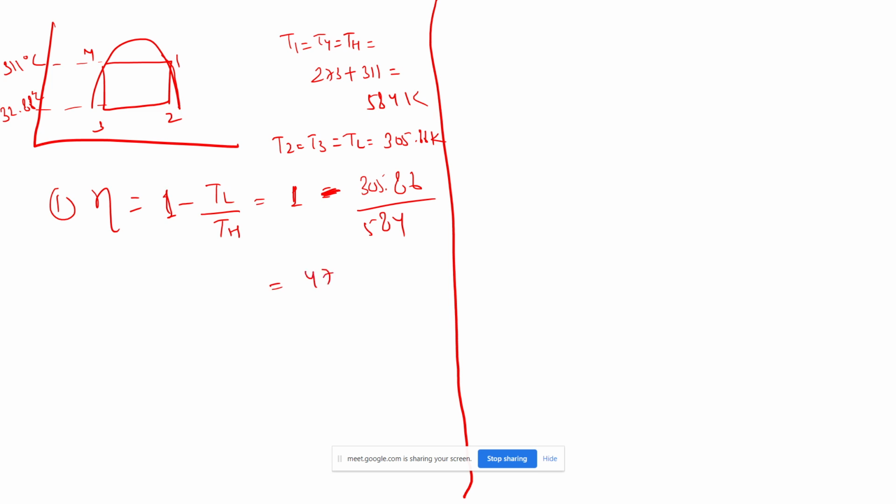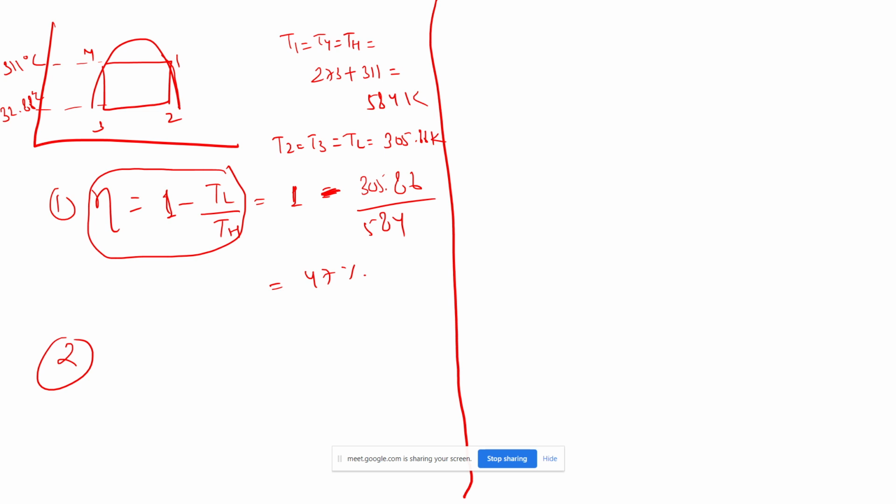After calculating you will get this. Do you know this formula, or should I tell you? You know, because Carnot cycle you have already discussed. That's why I haven't told you this formula.